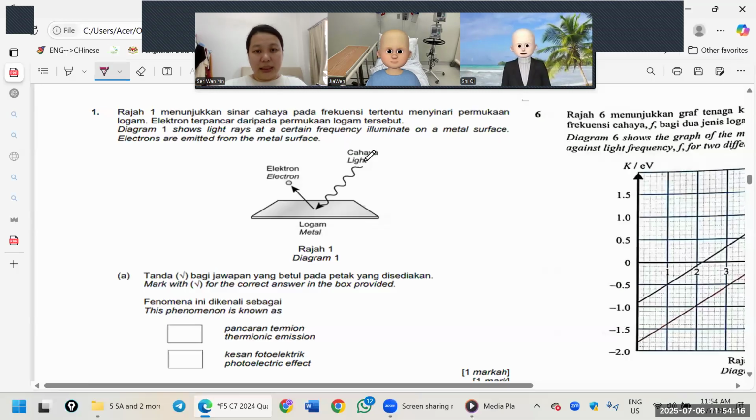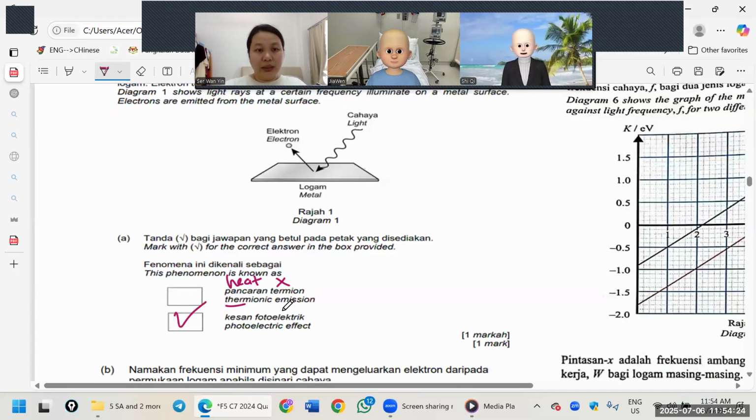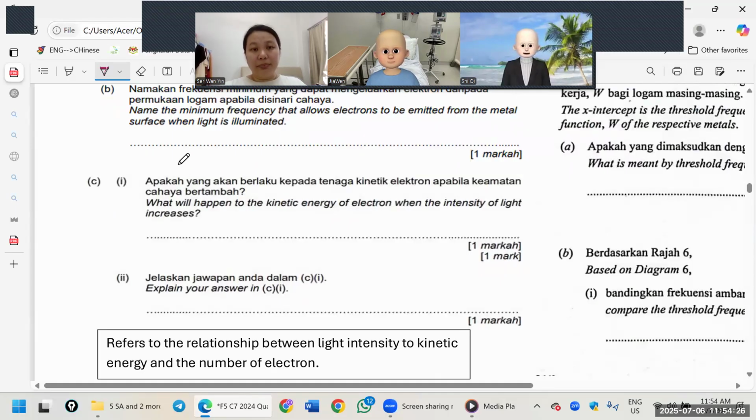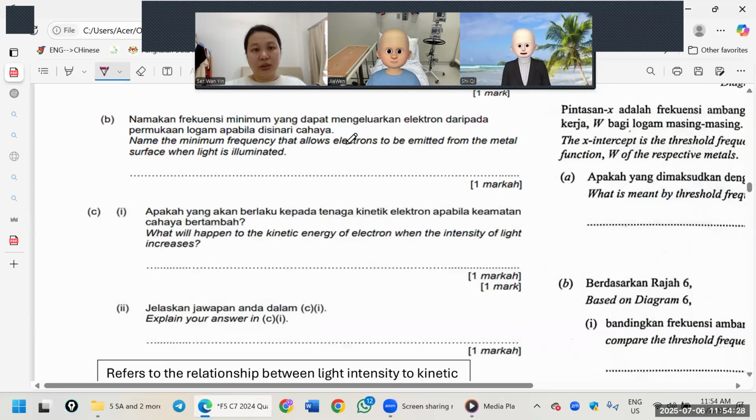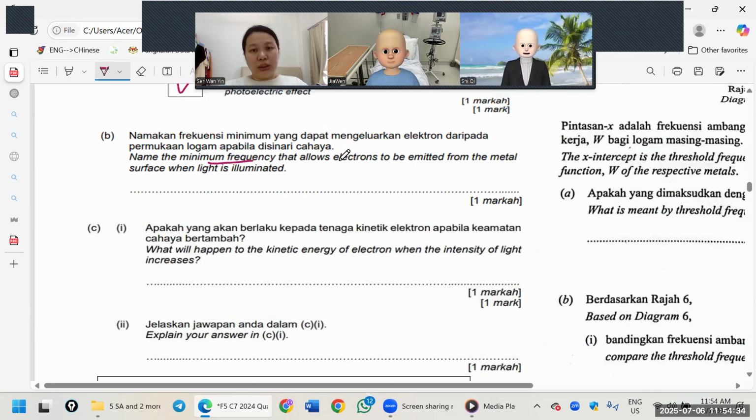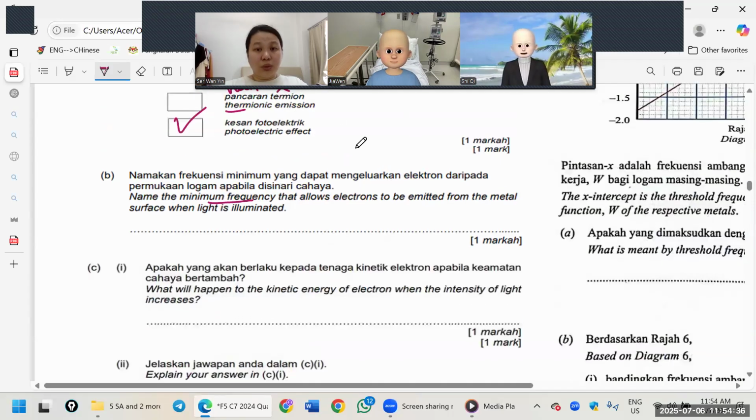This is light on metal, electron, photoelectric. Thermionic means you heat it up. And this one, name the minimum frequency that allows the electron to be emitted.